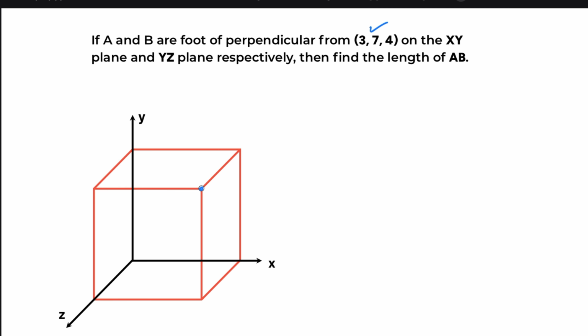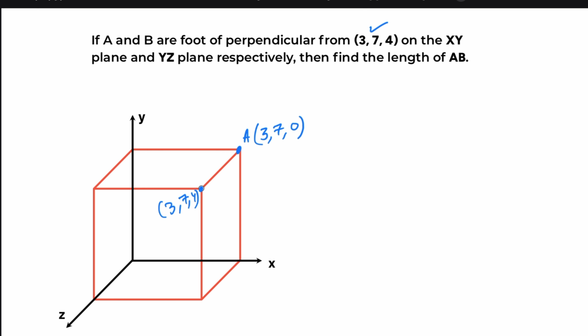Suppose we assume that this point is (3, 7, 4). This point, some point A, which will be the foot of perpendicular from (3, 7, 4) on the xy plane, will be (3, 7, 0).